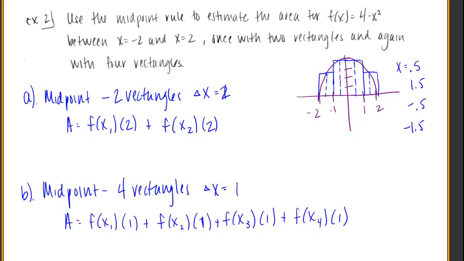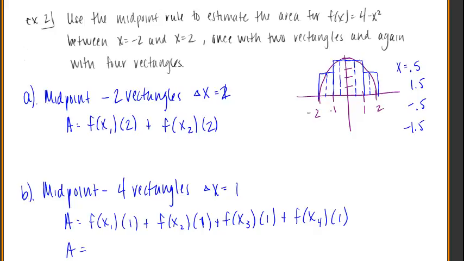And that's what we're going to be plugging into our equation, specifically when we're looking to find the height of each of the rectangles. So obviously, since I accidentally started with the 4 equal rectangles, I'm going to go to part B, or the second one first, where we want to find the midpoint rule with 4 rectangles. So the area in this case will be the height of the first rectangle, which is plugging -1 1/2 into our equation.